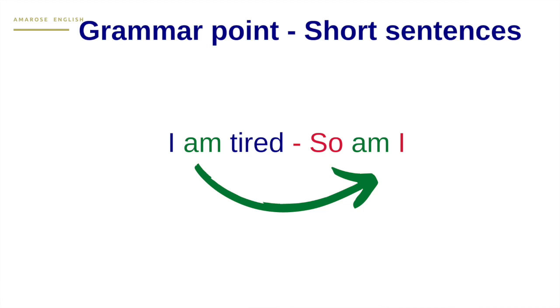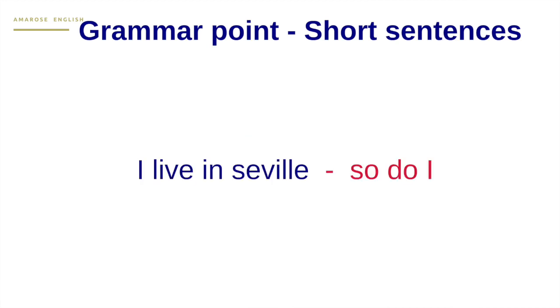So, for example, I live in Seville. Why on earth are we using do then? If I'm using live and there's no auxiliary here, how do I know that I have to use do? Well, we know that we have to use do because when I ask you the question, do you live in Seville?